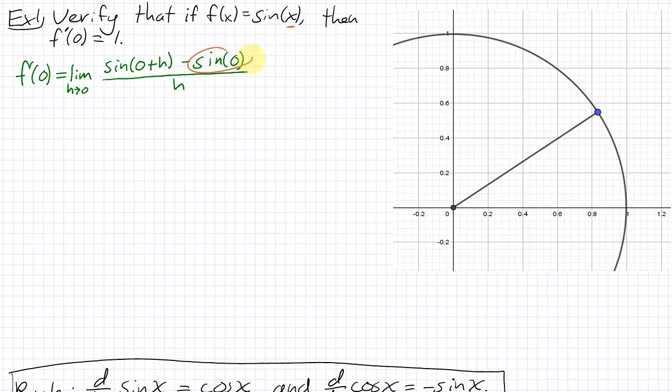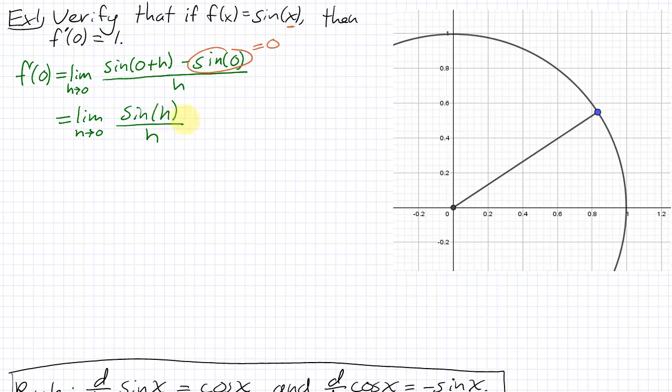And sine of 0 itself is just equal to 0, and so this becomes the limit as h approaches 0 of sine of h over h. We proved that this was equal to 1 before, but let's actually look at it a different way, because I think it will help to understand how these rules work and how radians work in general.